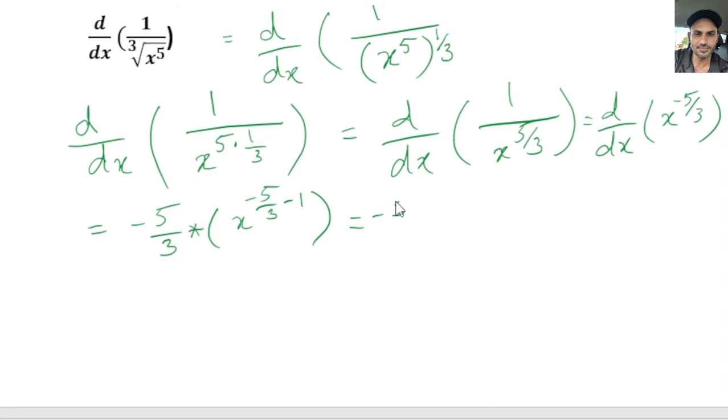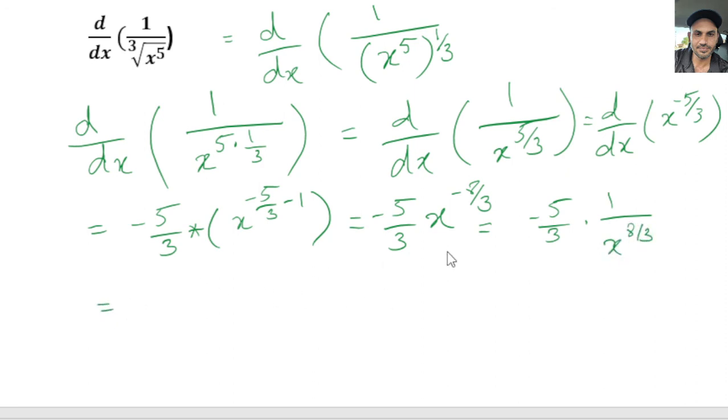And when you solve negative 5 over 3 minus 1, it becomes negative 8 over 3. That's when we simplify this exponent. And the next step is negative 5 over 3. I'm going to take this into the denominator, so it becomes 1 over x to the 8 over 3.